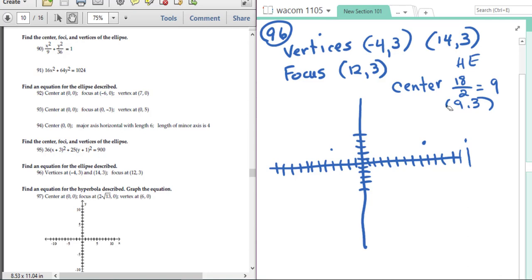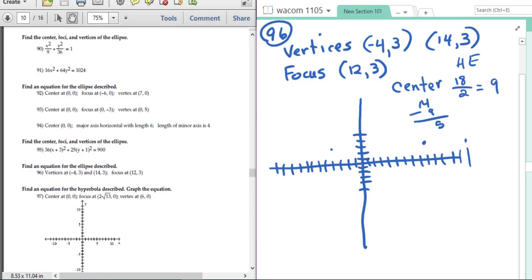Focus. All right, so we're going to have to figure out the B. We want 12, 3. How far is that from the center? The center was 5.